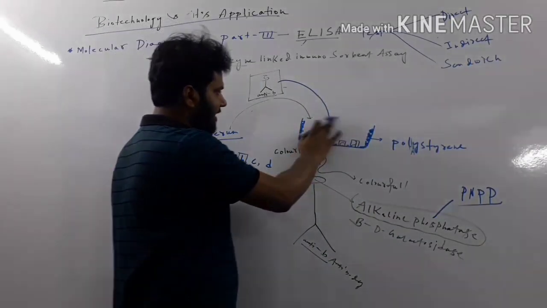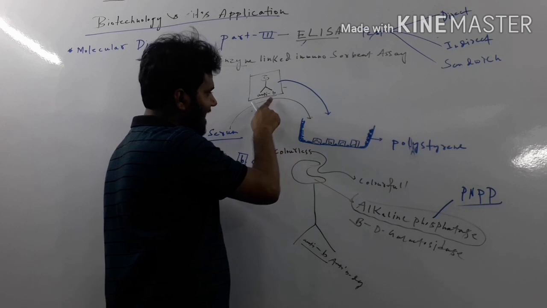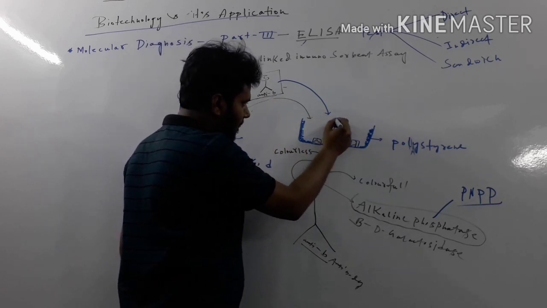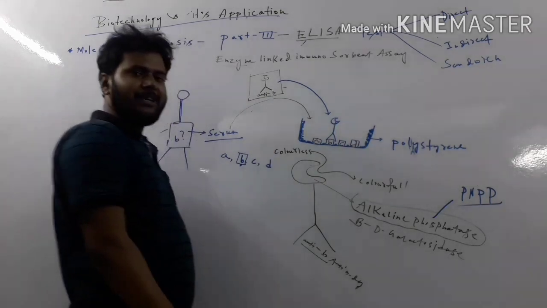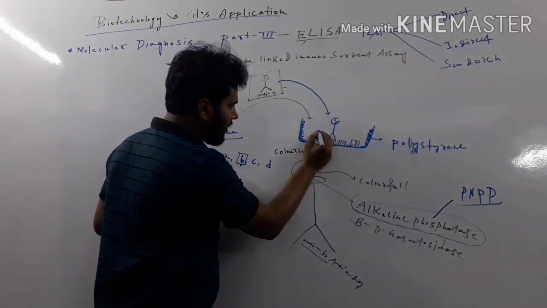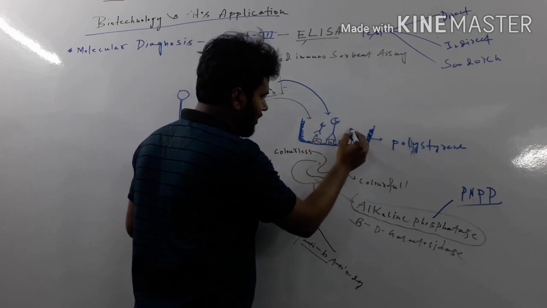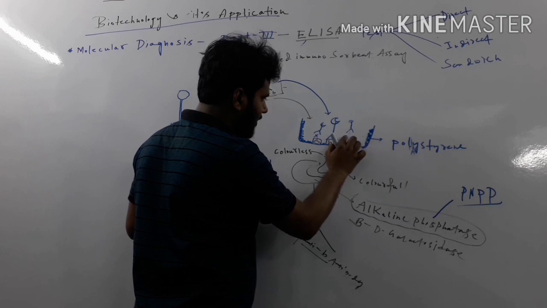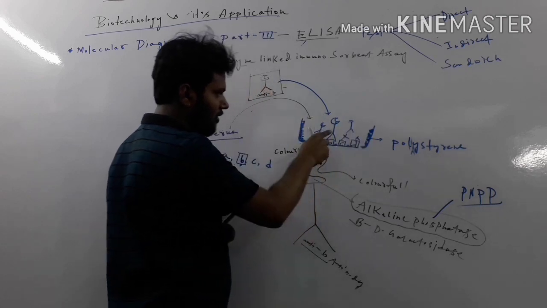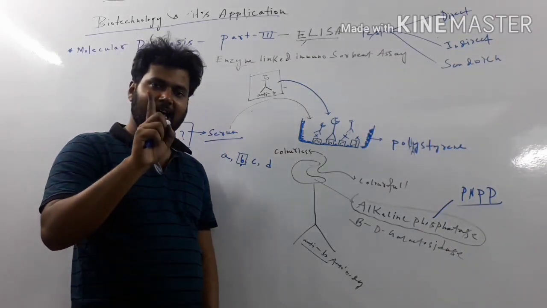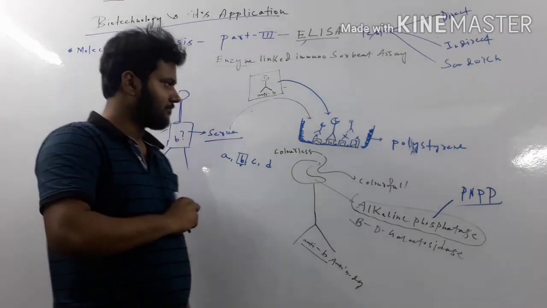As this antibody is anti-B, it will bind only to B antigen. It will not bind to the other places. It will bind only to B antigen.